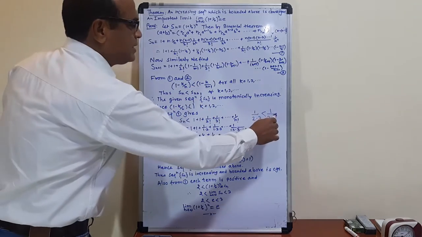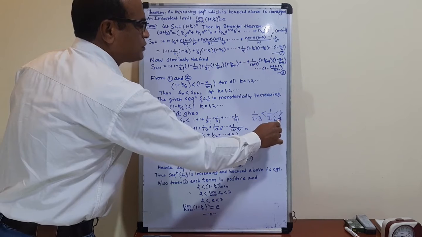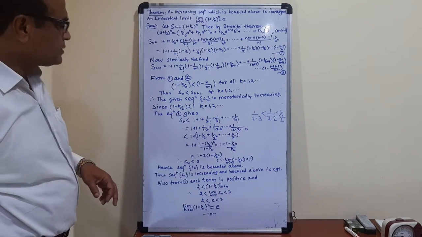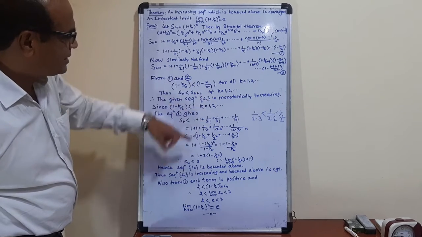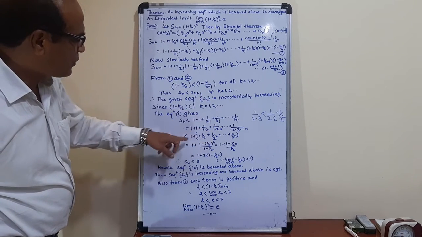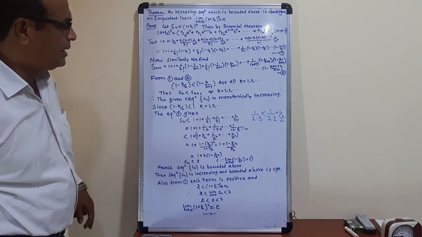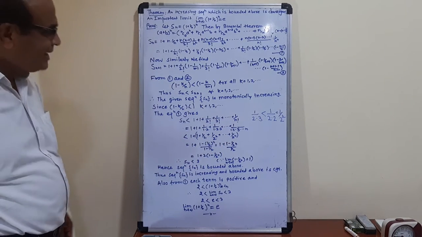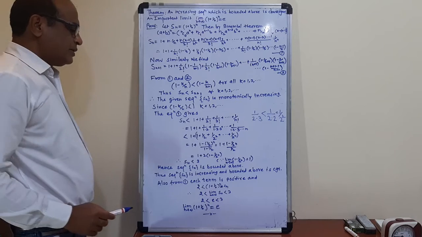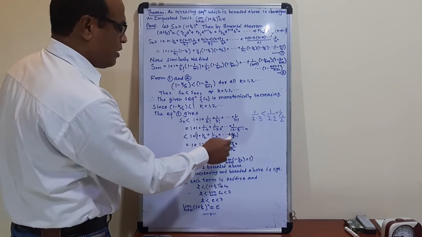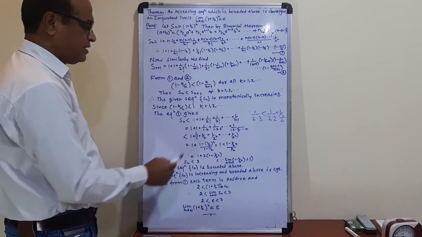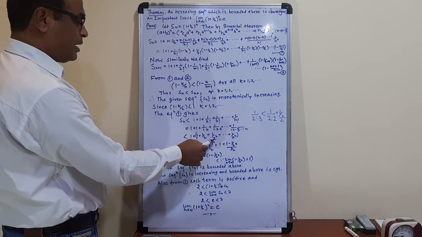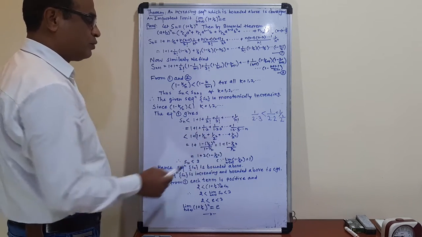So that is 1 upon 2 square. Similarly, this is less than 1 upon 2 raised to n. Okay. So this is the geometric series: 1 plus 1/2 plus 1 by 2 square plus 1 upon 2 raised to n.